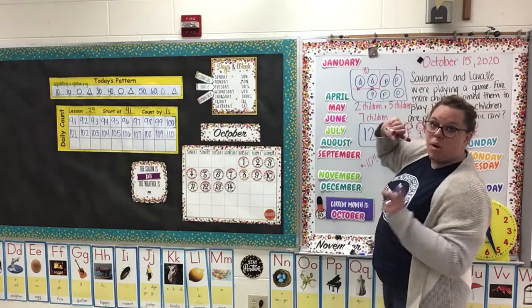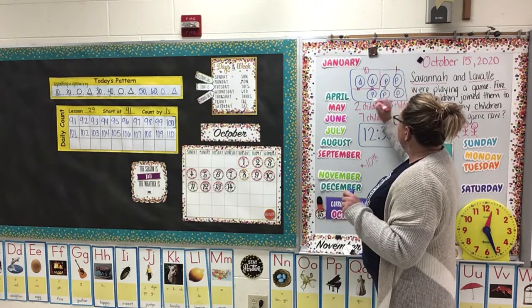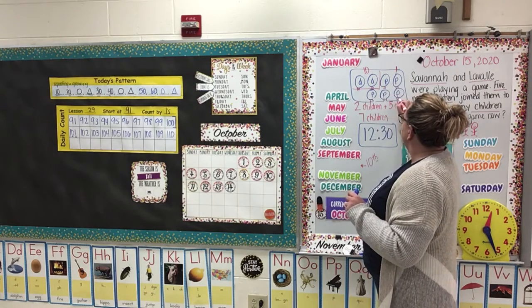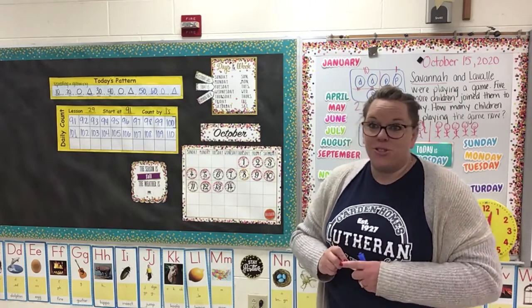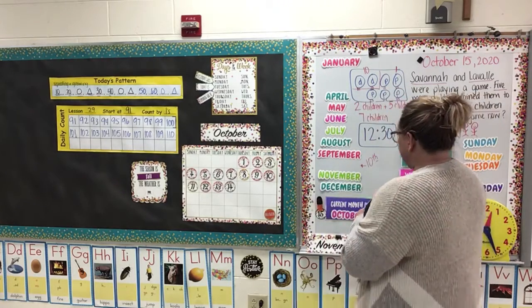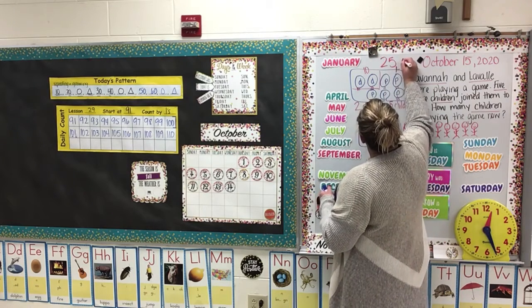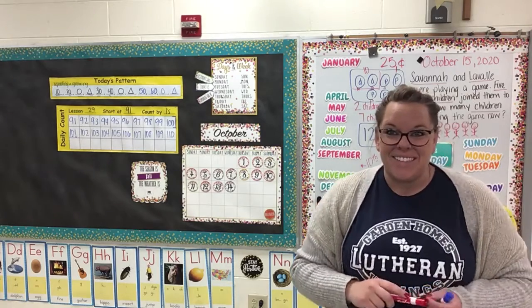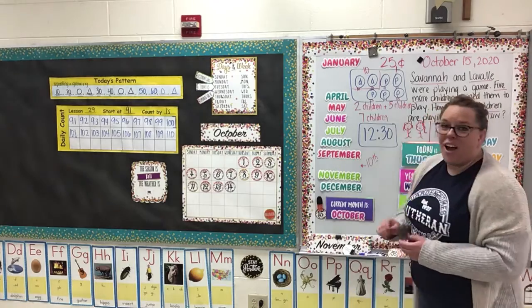Uh-oh, I have to count by ones now. 21, 22, 23, 24, 25. So you're going to make sure that you write down where it says money, you're going to write down 25 cents. 25 cents.